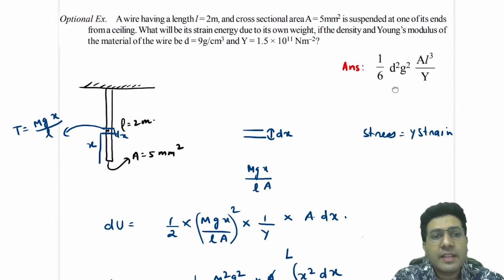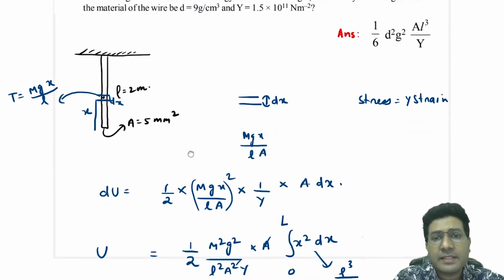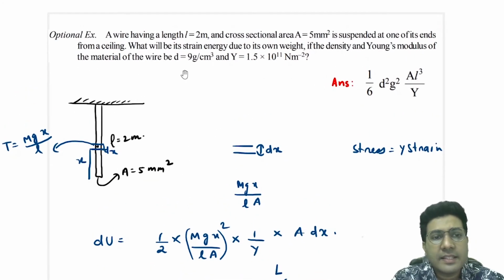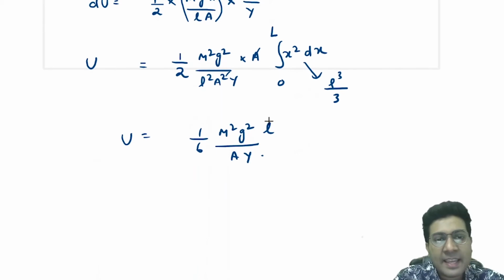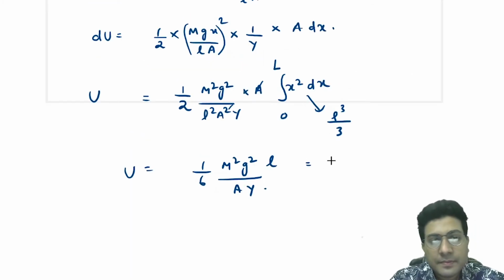Okay. So they have used the density as D. They've asked the answer in terms of density. So you can say that m by AL is density, right? So you can write this as 1 by 6 into m square divided by A square L square.